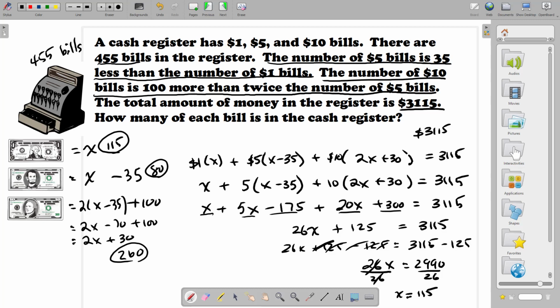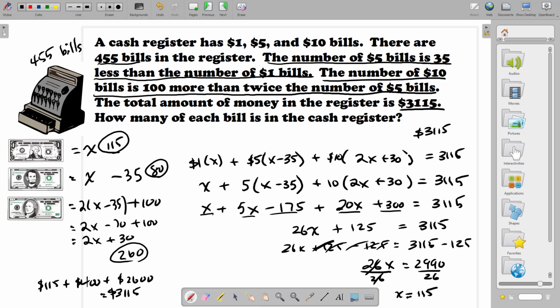We can check our answer by taking 115 times $1 and we get $115. Take $5 times 80 and we get $400. Take $10 times 260 is 2,600. If we add that up, we get 3,115.